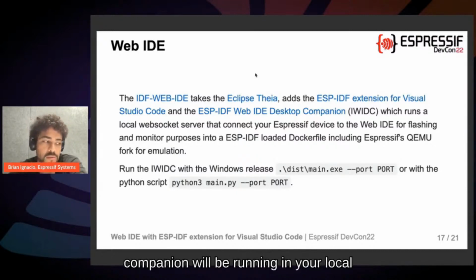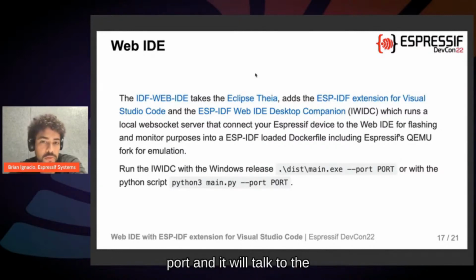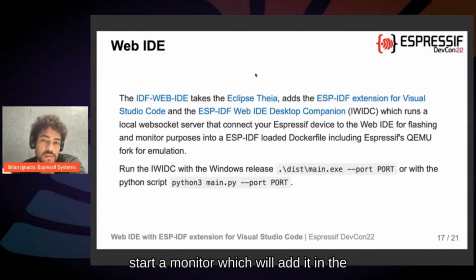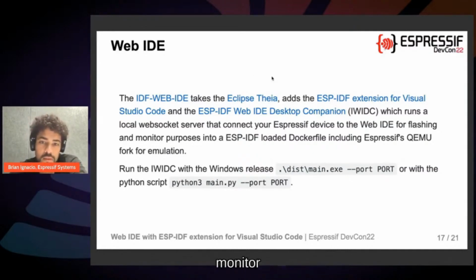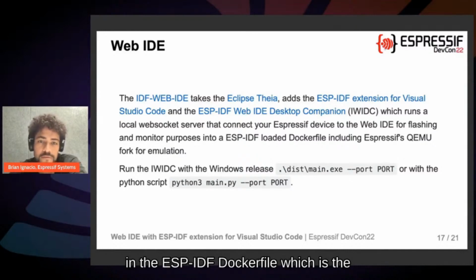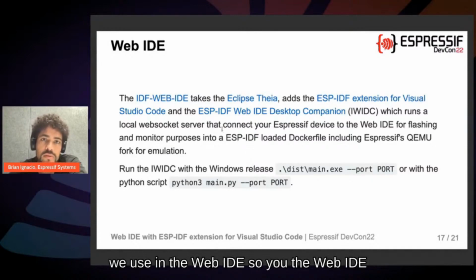The desktop companion will be running on your local machine, and you set a specific serial port, and it will talk to the serial port, and it will flash and start a monitor, which will be shown in the web IDE. And this allows us to do the flash and monitor in the ESP-IDF Docker file, which is the one that we use in the web IDE.